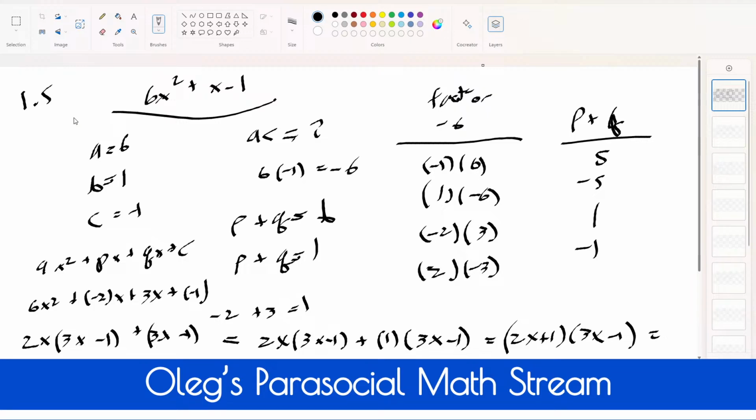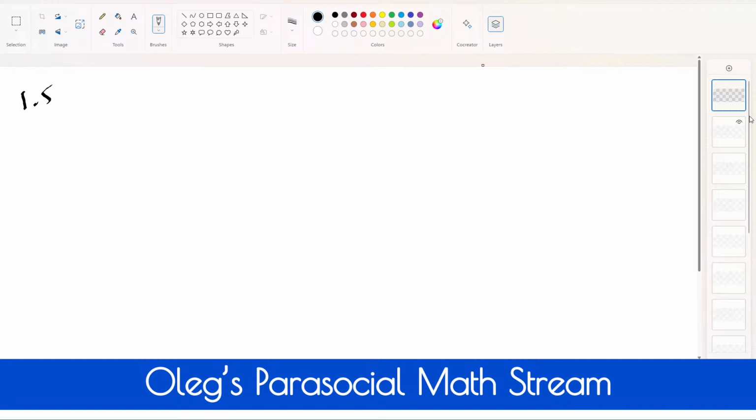All right, now let's do this next part. Perfect square polynomials. By the way, a lot of these you've just got to do over and over and over, and it'll become second nature.